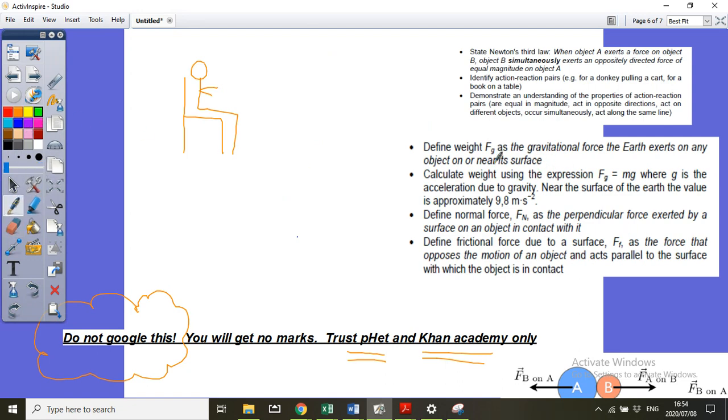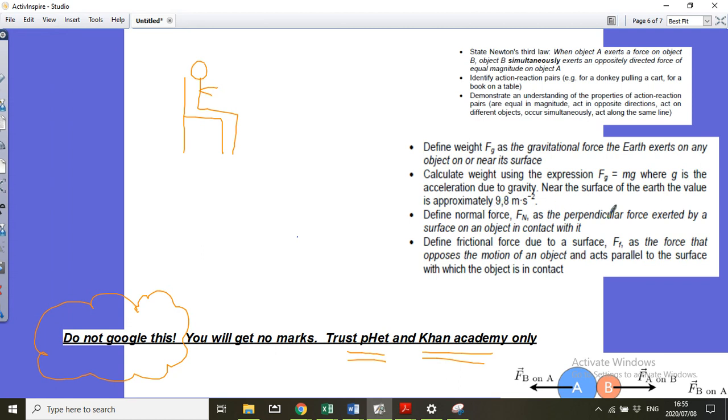So now if you look here, we define normal force as the perpendicular force exerted by the surface on the object. So the question would rather say, what is the Newton 3 pair of the normal force? So before you can answer that, you need to know what the normal force is.